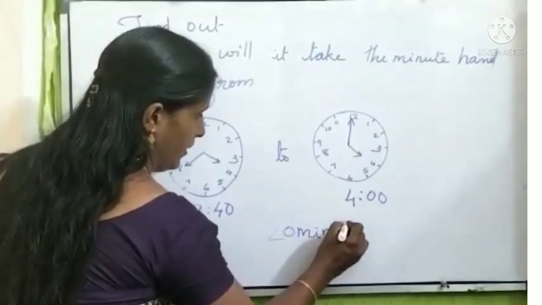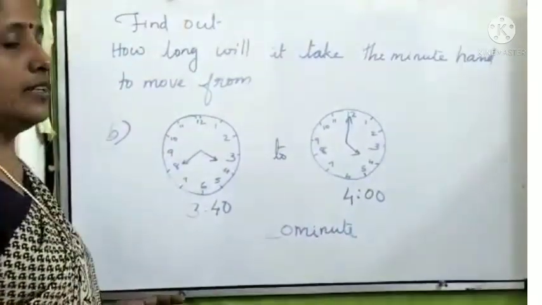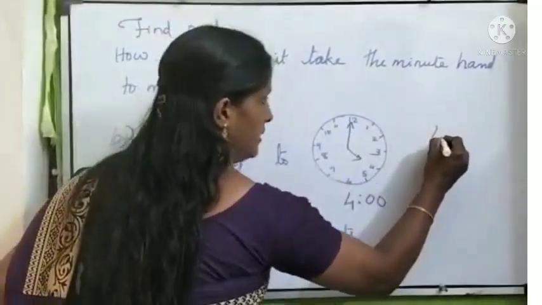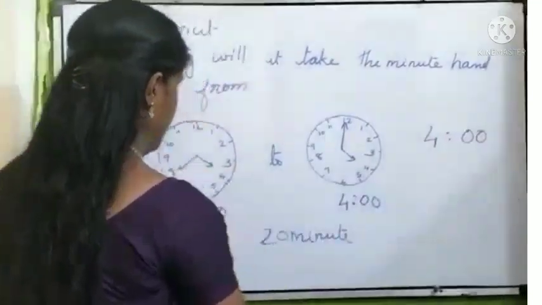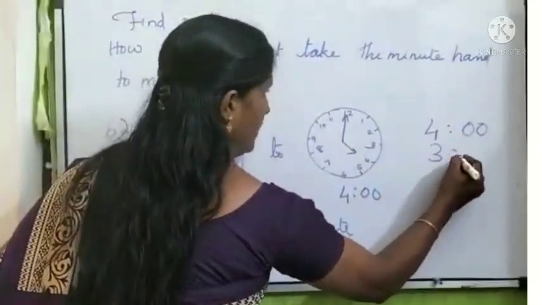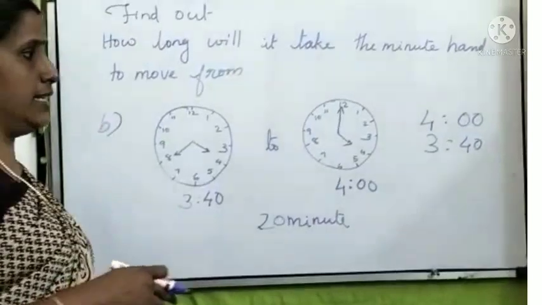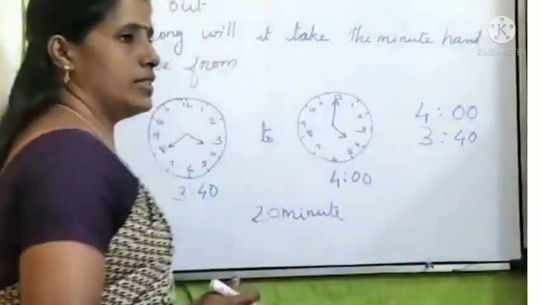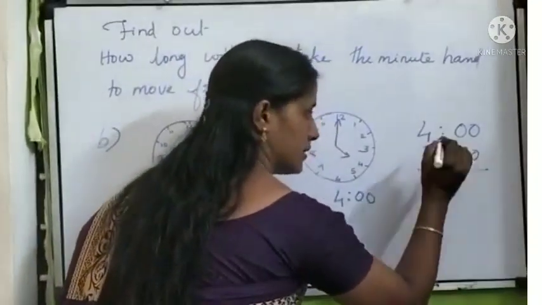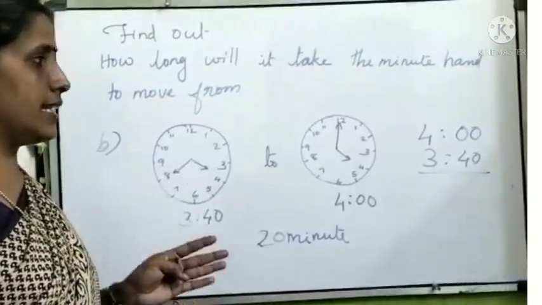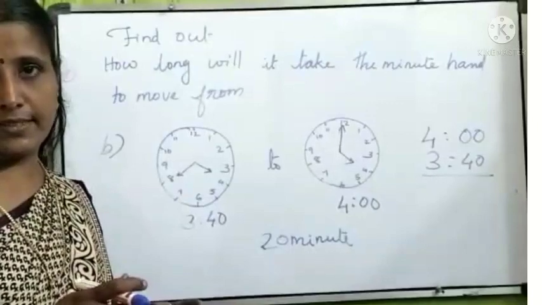In another way, how can we find out the answer? The second time is 4 and the first time is 3:40. But here there is one difference. 0 minus 0 is 0, but don't write that, because here the calculation is a little bit difficult.